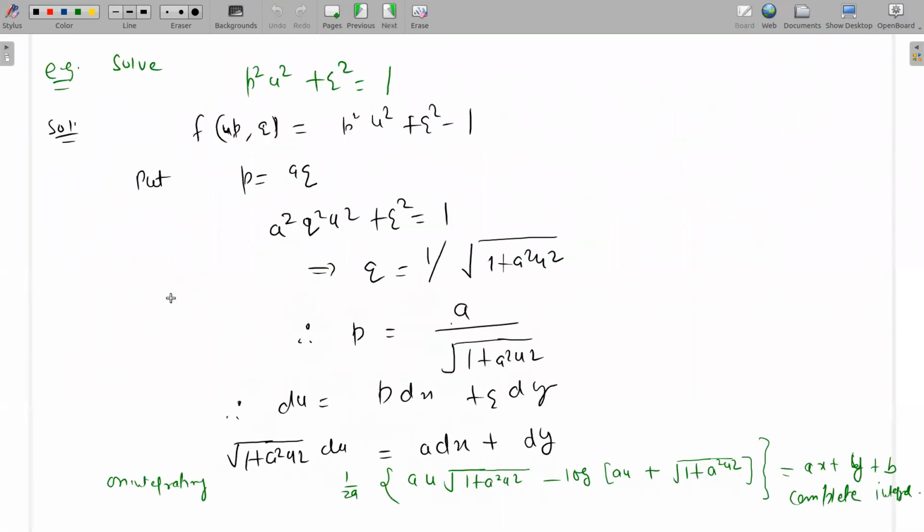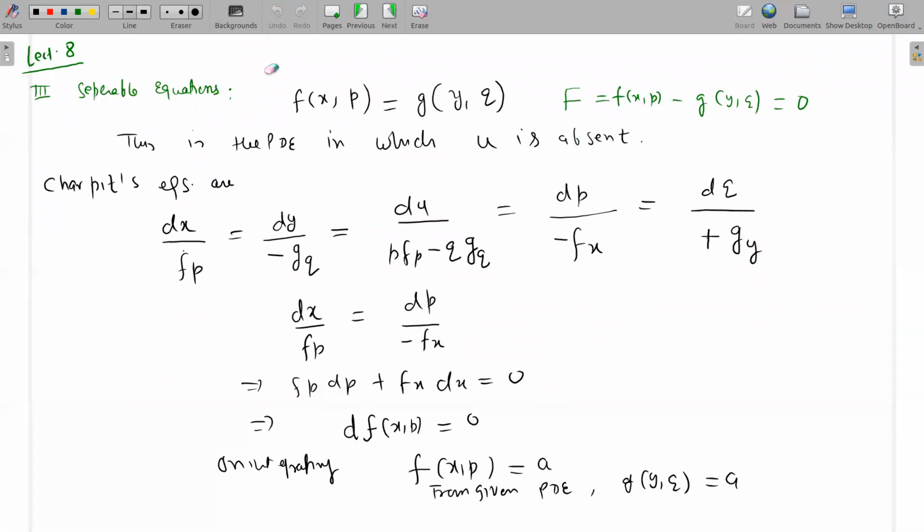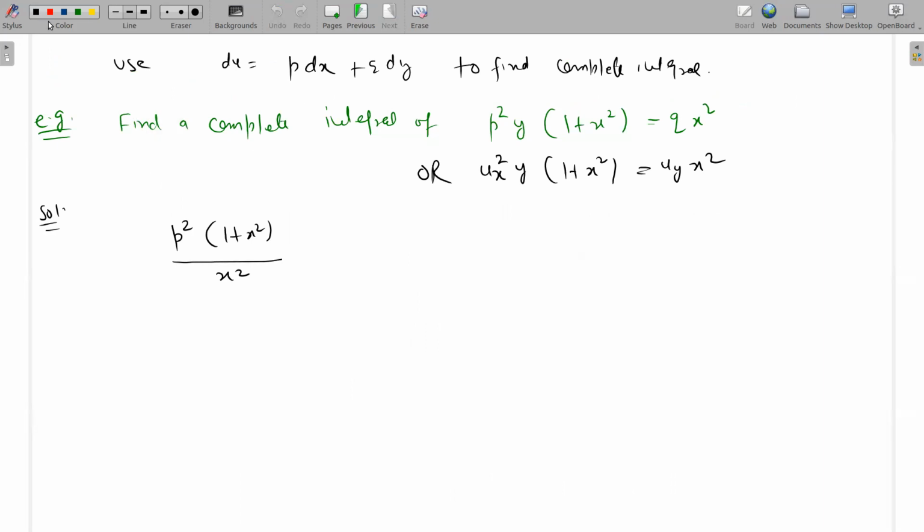But if you go to the previous example, you have a mix-up of p and u, so you can separate, you can write the equation in this form. So from Charpit equations you can write directly. So what you got?